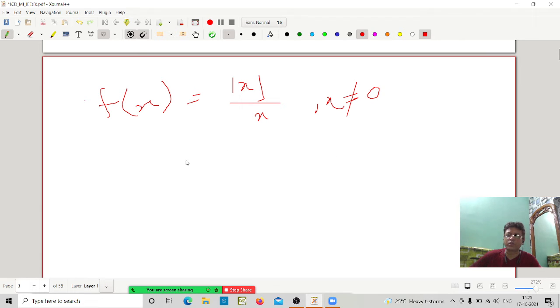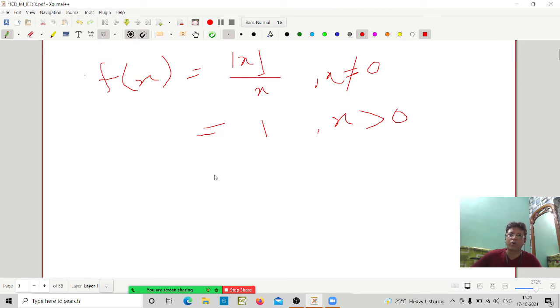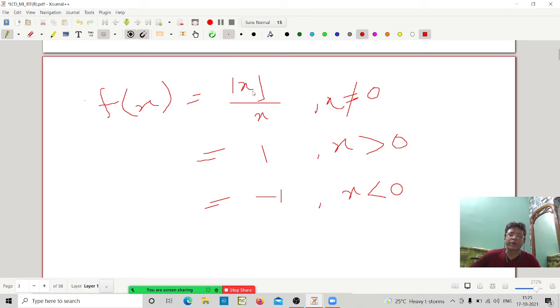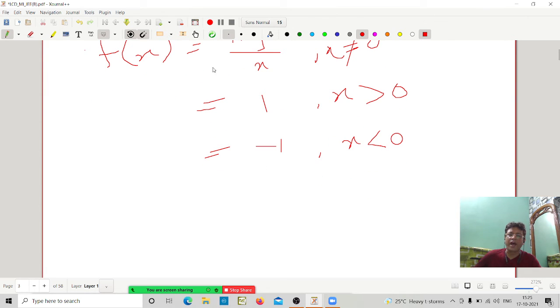You know that mod x is x when x is positive, so it will be 1 if x is positive, because x gets cancelled since x is not equal to 0, and it will be -1 if x is less than 0, because mod x is minus x, so minus x by x is -1. So 1 and -1.